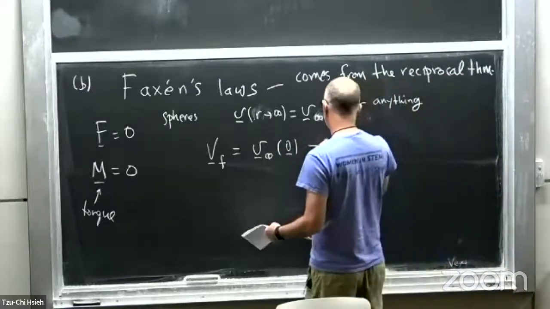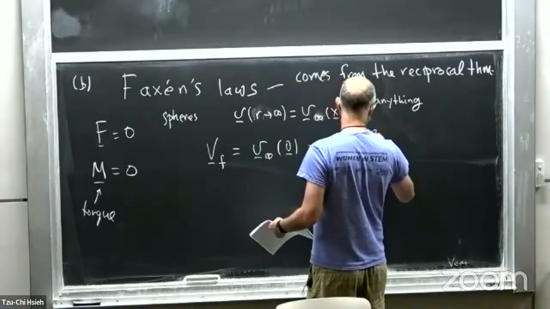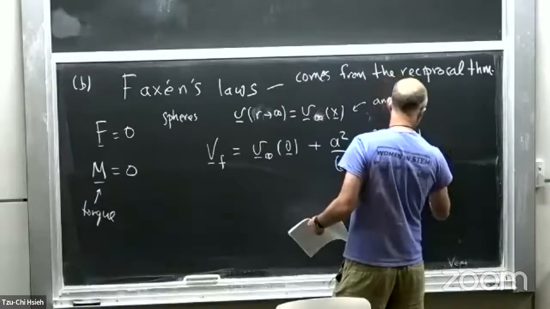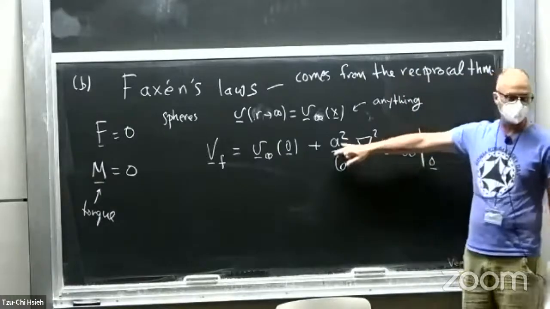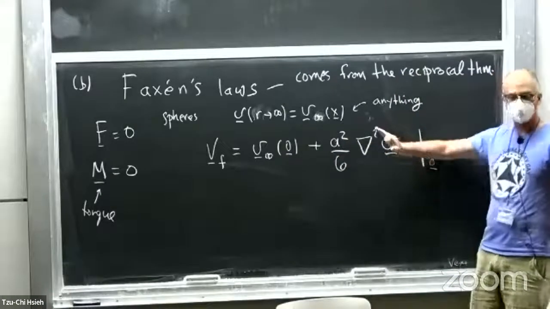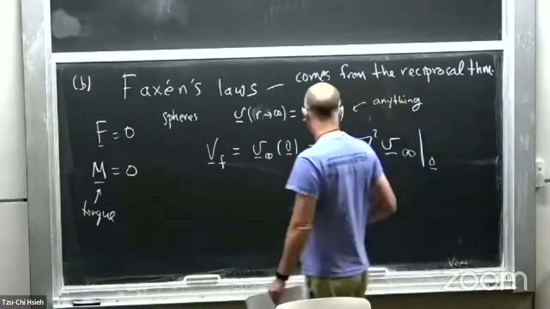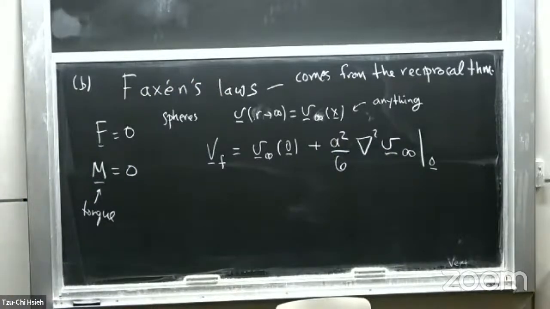And then there's a correction, a finite size correction, which has a very simple form. It only depends on the radius of the sphere. And this is sort of like the curvature of the streamlines, two derivatives, right? So this term, take the sphere away, the undisturbed flow.